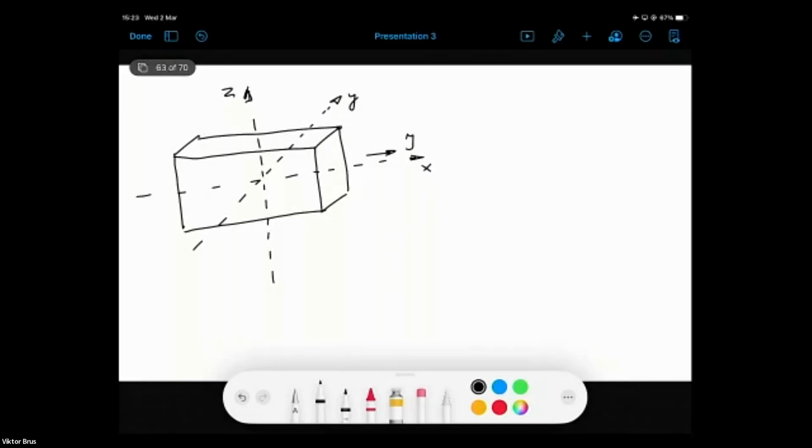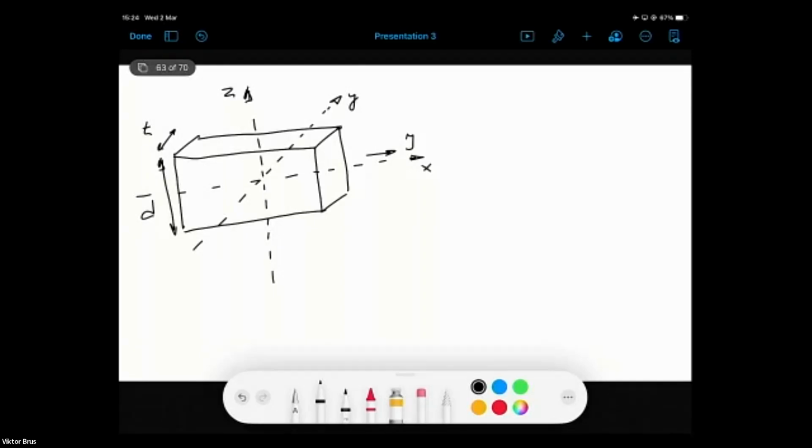The height of this conductor in the cross section will be D, and here will be the thickness of this conductor, T. So now let us consider two charges.